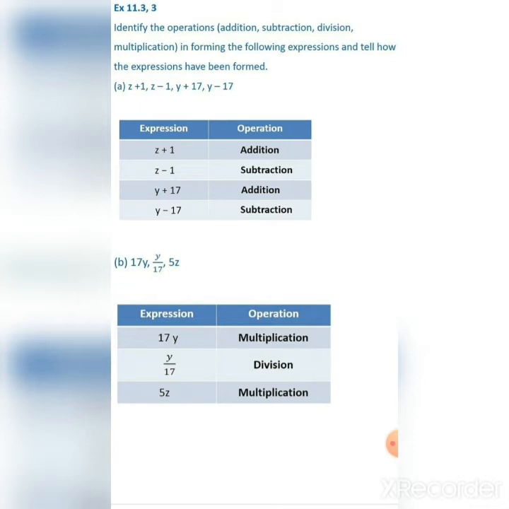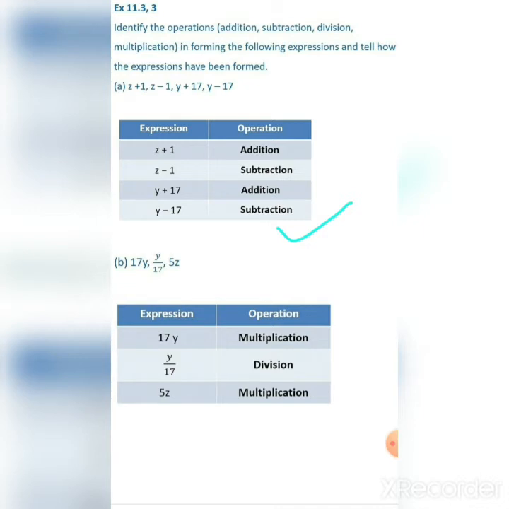So we'll write all the expressions in this tabular form, and then we have to say which type of operation it is. So if it is plus, this is addition operation. If it is minus, it is subtraction. Again plus, so addition, and minus, so subtraction. In this way you have to just name the type of operation which is used in forming the expression.